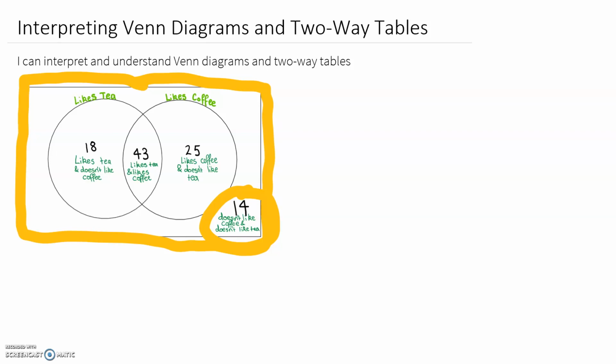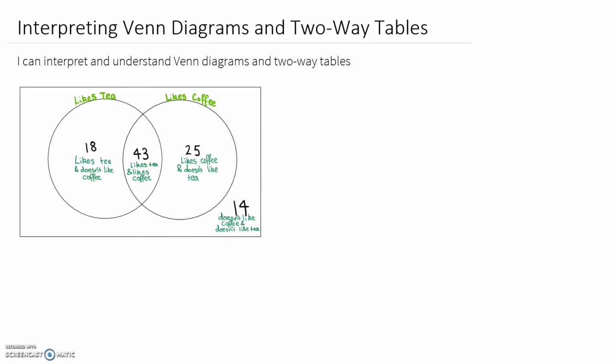If you think about the fact that each of these circles are people who like tea and like coffee, anybody who's outside those circles must be the people who don't like tea and don't like coffee, right? So the number on the outside just shows people or things who don't fit into any category. You'll also notice that there's this overlap section in the middle. They're part of both circles, which means that they like tea and they like coffee.